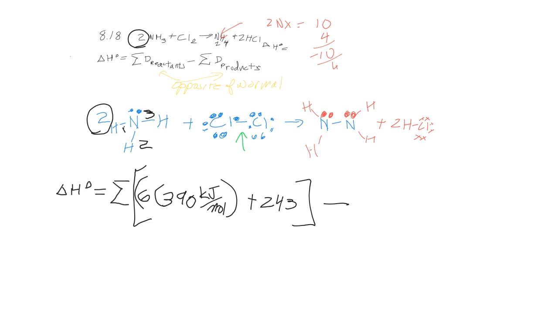Now I'm going to subtract my products. So I come over to this side, and I've got 1, 2, 3, 4 nitrogen-hydrogen bonds at 390 kilojoules.